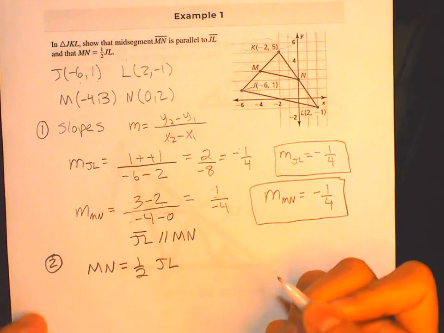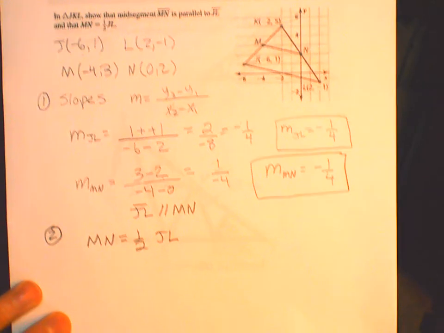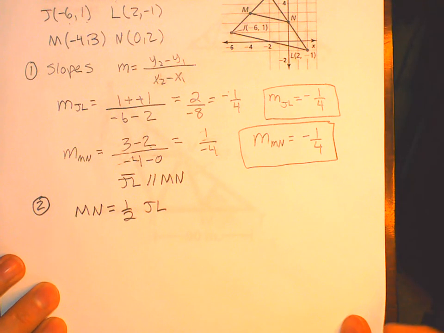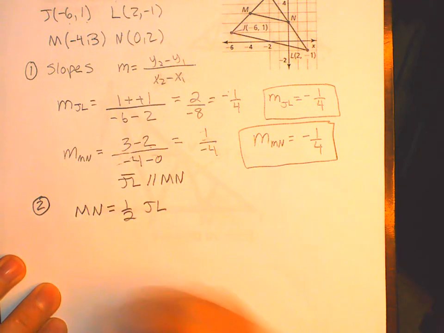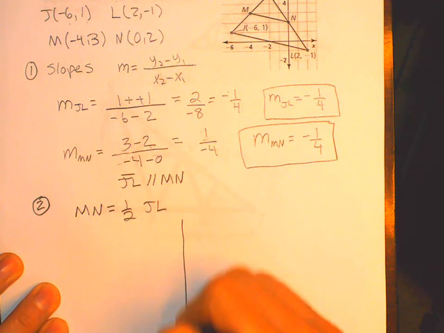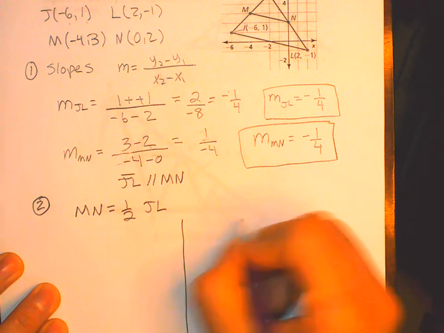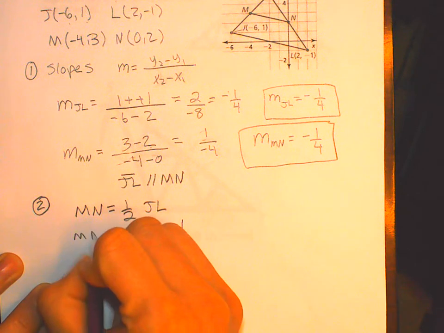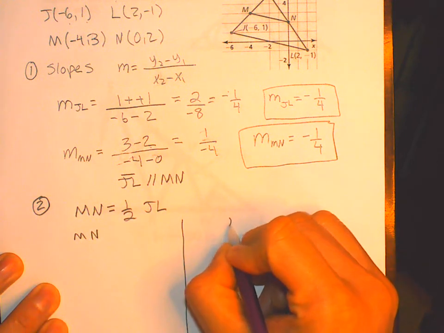The next thing is we need to show that MN is equal to 1/2 of JL. So what do we need to do? We need to use the distance formula. I'm going to split this into two pieces: the distance formula first of MN and then JL.